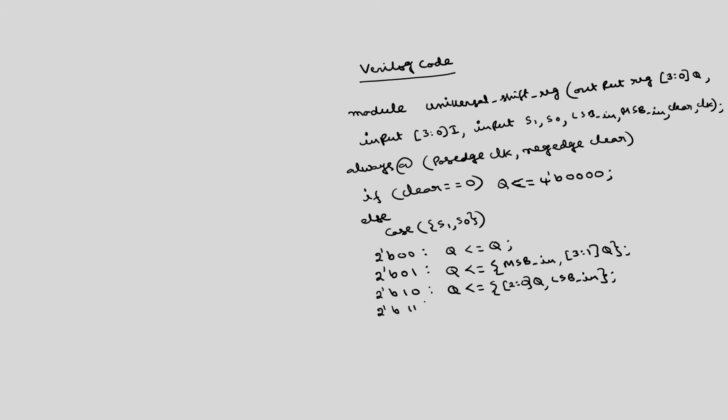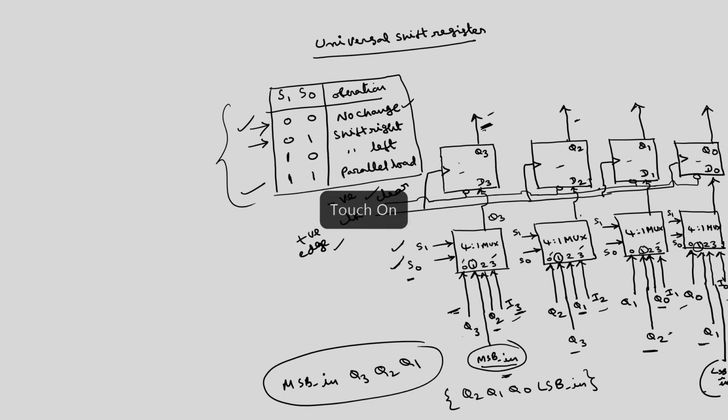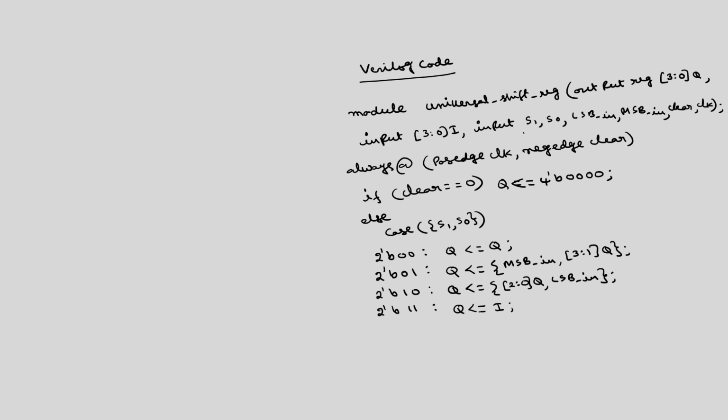2'b11 is parallel load. Q has to be loaded with I: I3, I2, I1, I0. This I have already defined as a vector here, so we will write just simply I. Okay.